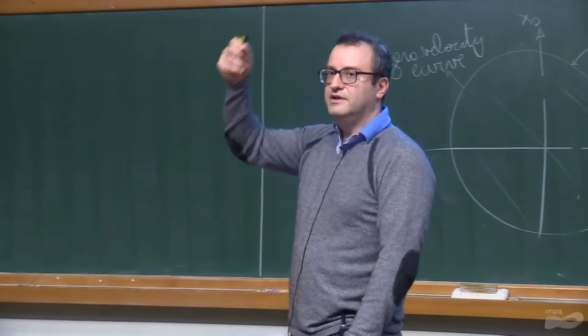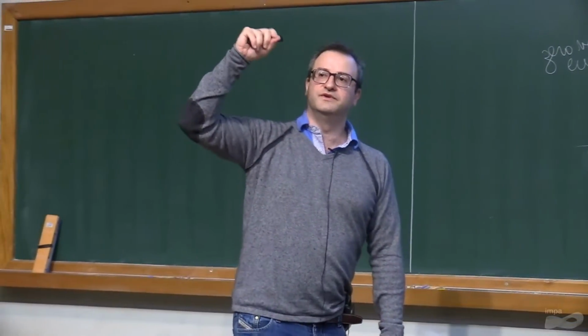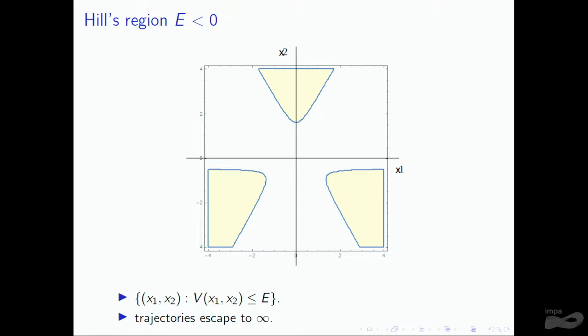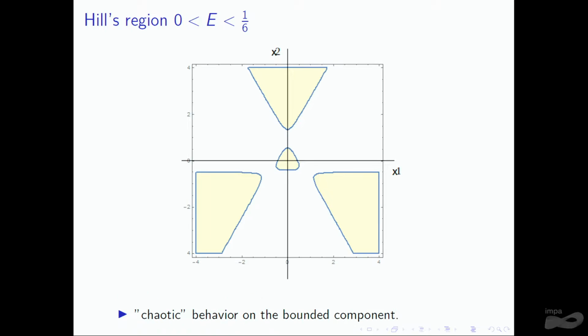There is a second critical value at 1 over 6. So we study now what happens in between. This rest point of the flow is a local minimum of the potential.